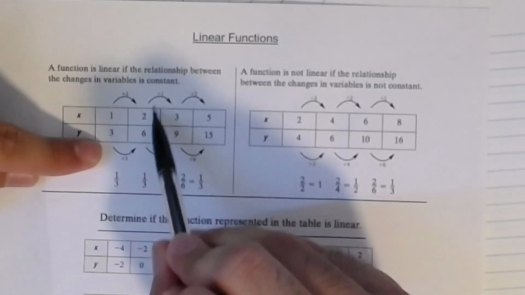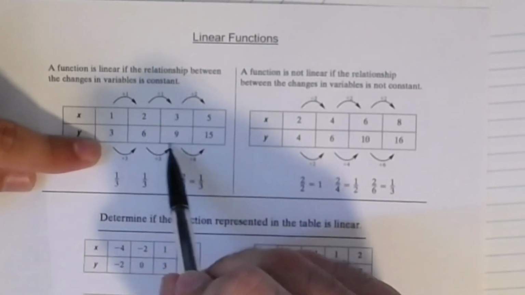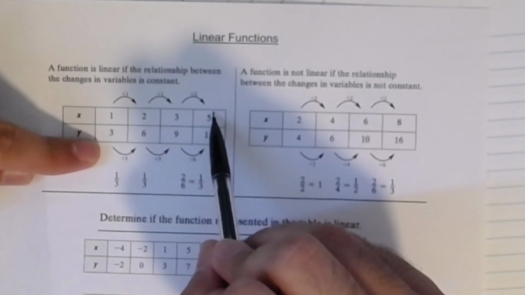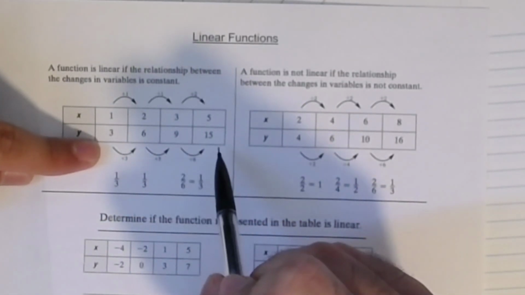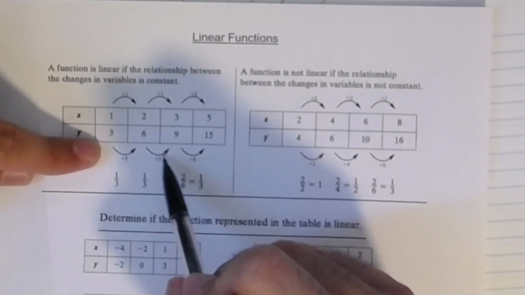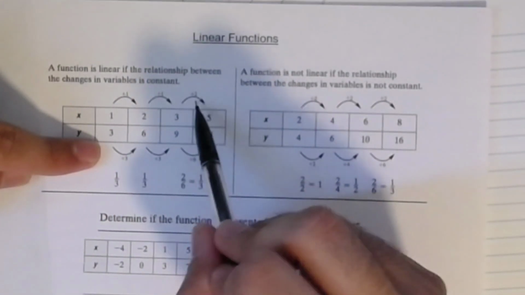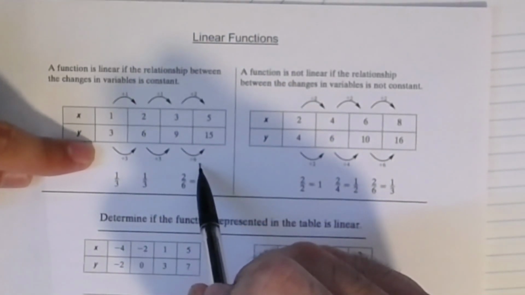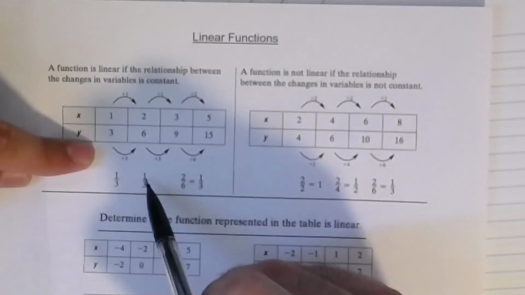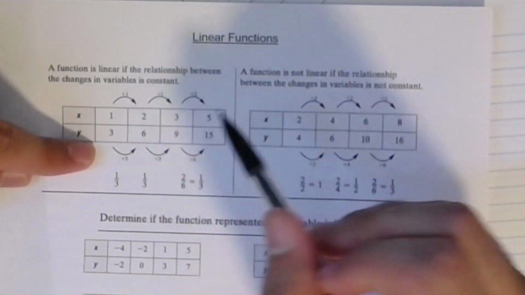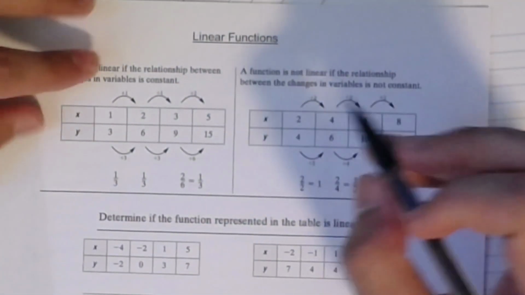Over here, we moved up 2, so down here we should move up 6, because we got double the rate since we moved up double on the top. That's exactly what we got. They're all 1/3. They're changing at the same rate constantly.